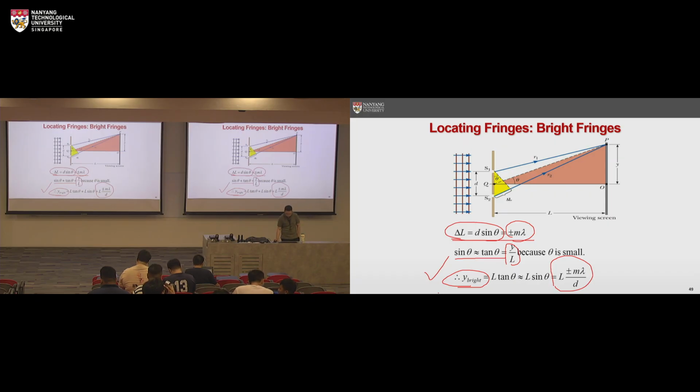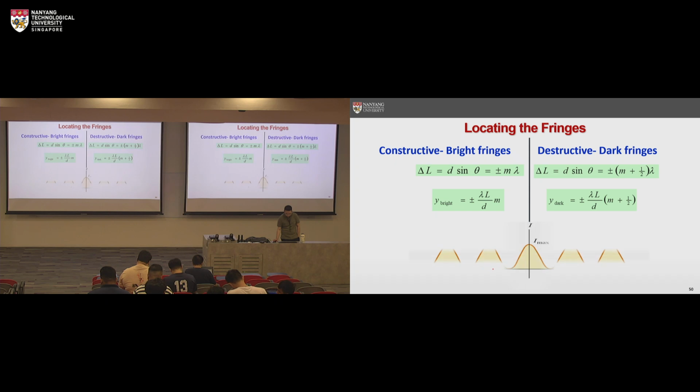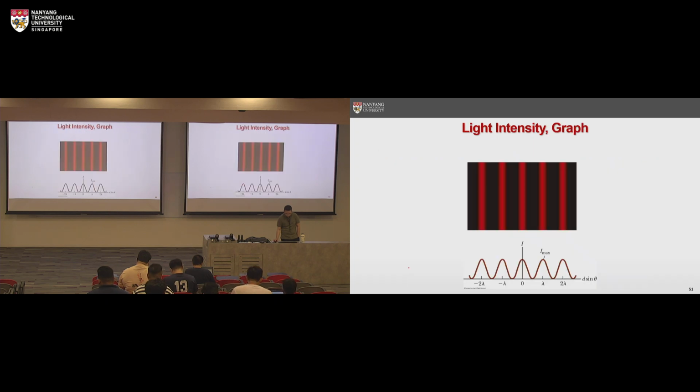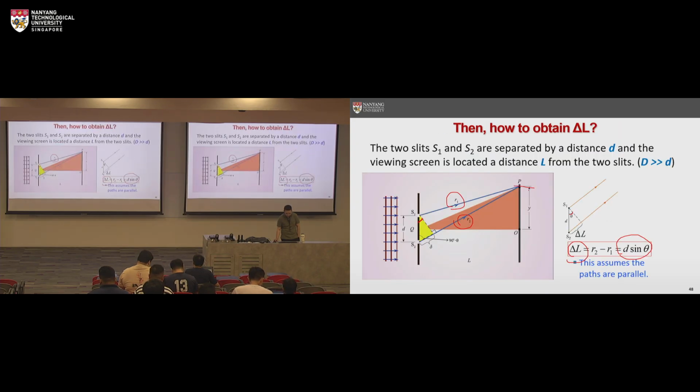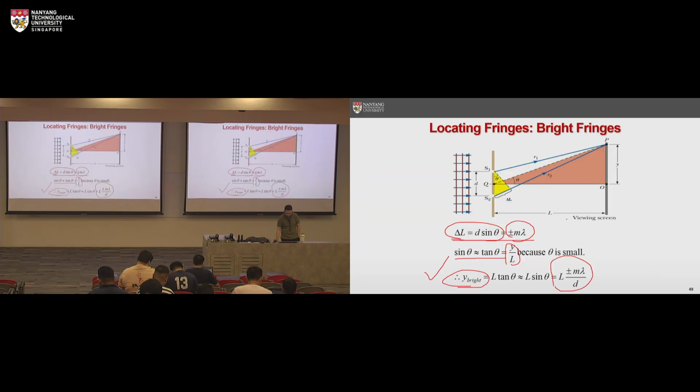So what does this mean? In reality, your light can generate a pattern like this. This is the result that you see over here on the screen. You will see a lot of bright and dark fringes. So what does y represent?